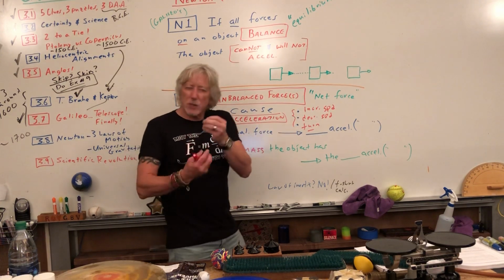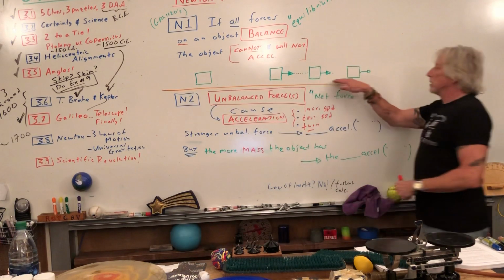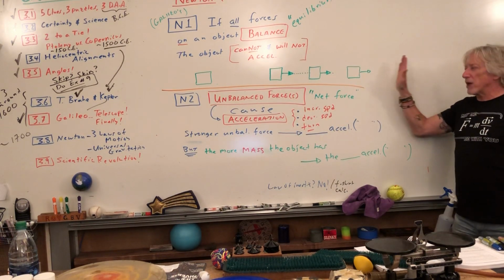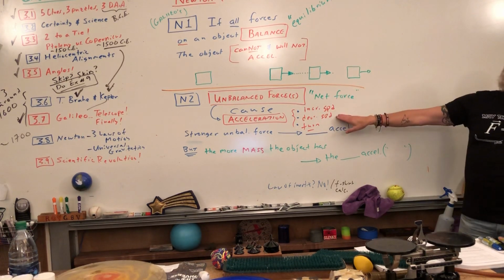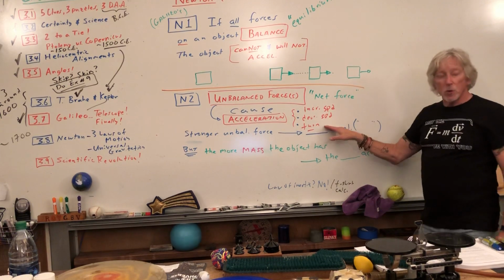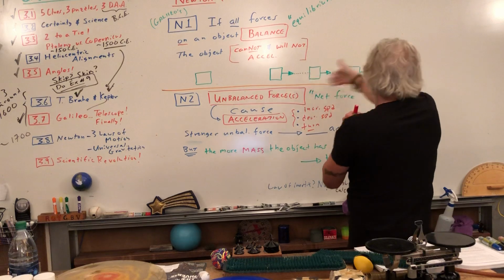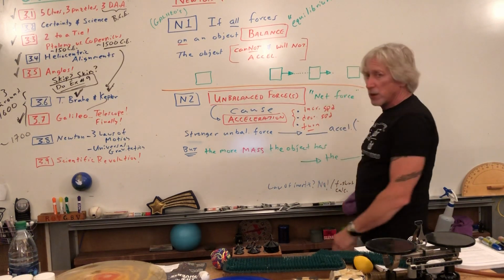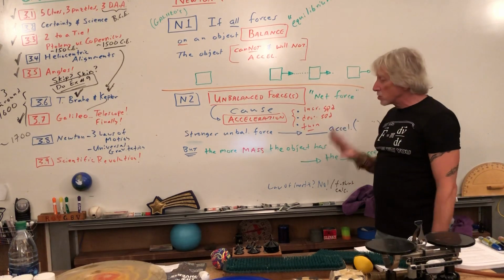And so there's an intuition that works, and then you get tricked. What if it's moving and the unbalanced force is opposite the motion? It'll decrease speed. And what if you push to the side? It'll turn. Or pull it to the side, it'll turn. If I pull it this way, it's going to turn that way. If I push it that way, it'll turn that way. That's the idea. That's all you need, just that conceptual understanding, but keeping this straight.